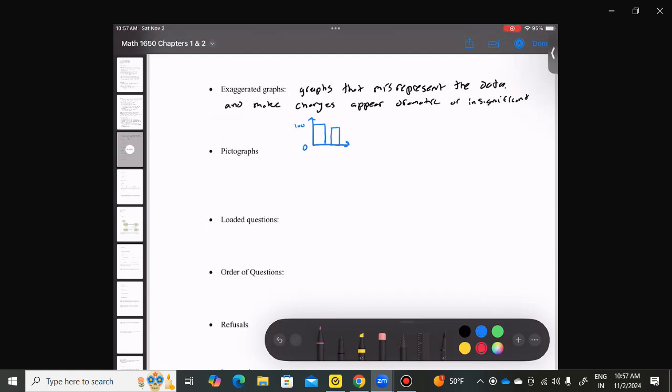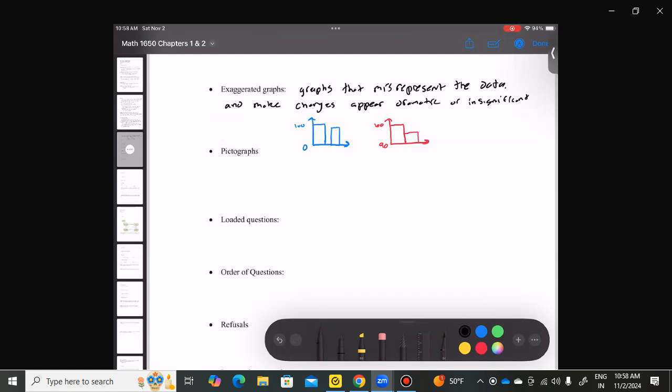But if you change the scale, maybe that doesn't start at 0, maybe that starts at 90 to 100. So you have the bar that's still at 100, but this one, you say that's 95, all of a sudden it looks half the size, even though it's really just 5 units lower.